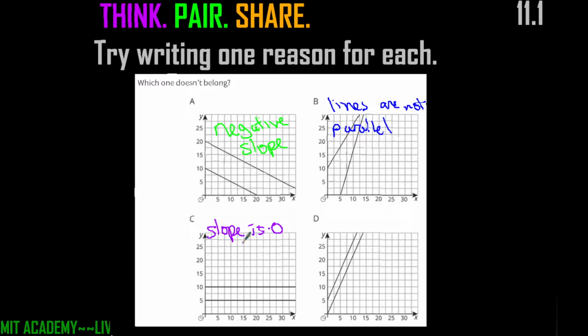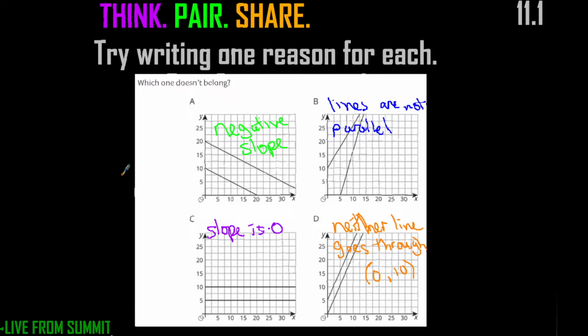And for the last one, you could say the only thing that does not belong is neither line goes through, let's say, goes through 0, 10. So that's some ways. Again, any of those options could be right, but just looking at one of these, what is different from this one versus the other three.